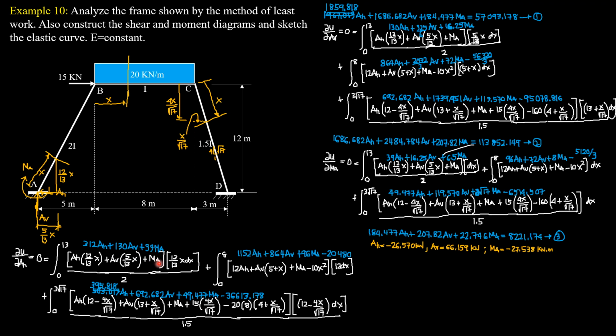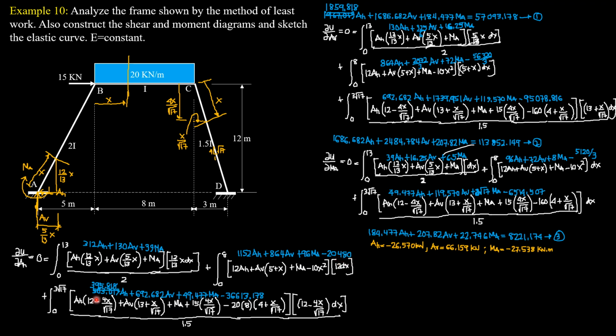Then the integral of 12 over 13x dx over 2, 0 to 13, gives 39 MA. Then for this next integral, for AH, 1152 AH, for AV, 864 AV, for MA, 96 MA, and for the constant, negative 20,480.